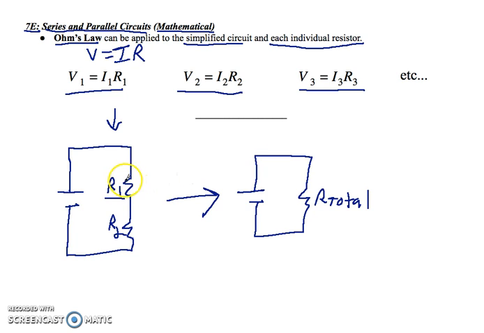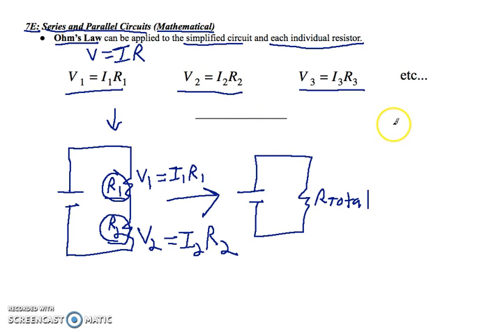So if you wanted to figure out stuff about this resistor right here, you'd write out Ohm's law with V1, the voltage across R1, equal to I1 times R1. The same thing with this resistor down here, R2: V2, the voltage across this resistor, is equal to the current through it times its resistance.